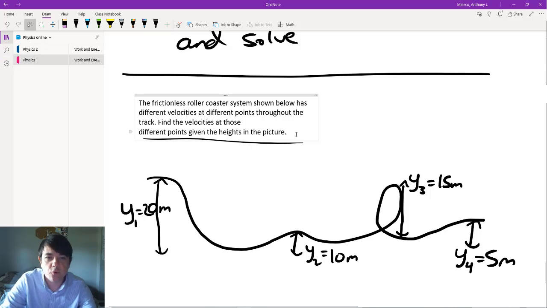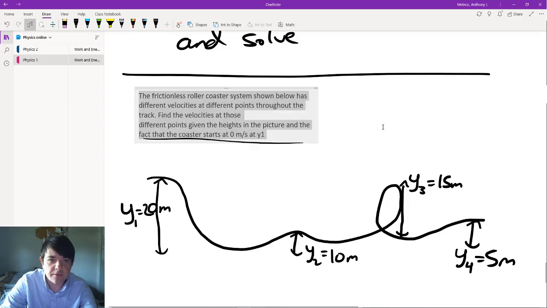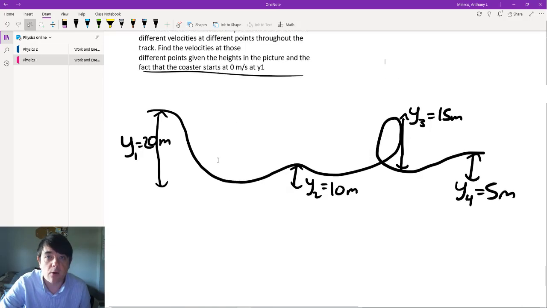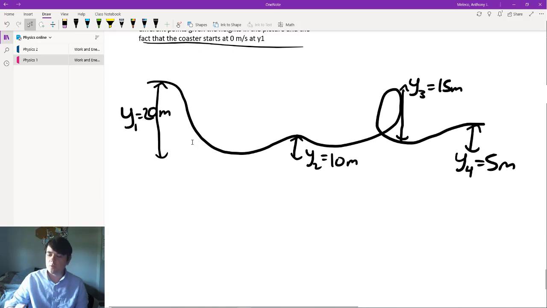Find the velocities at different points given the heights in the picture and the fact that the coaster starts at 0 meters per second at y1. So it actually isn't moving initially. It just drops and then it starts moving. It's a non-powered coaster. I could do a powered problem and say it's moving at this rate at the beginning, but I'm not going to.